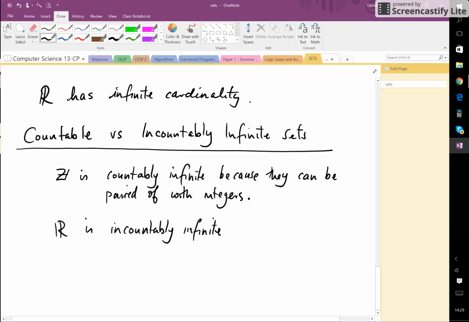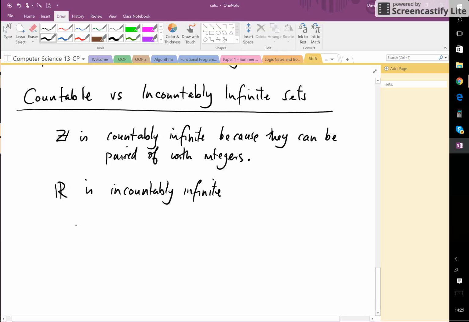Because if we try to start off with my reals equal something like this, 1, 2, and then I suddenly realise I need all the numbers between 1 and 2. So, maybe 1.5. But then I need all the numbers between 1.5 and 2, so I need 1.75. I need all the numbers between 1.7. Do you see what I mean? I go down a deep and dark hole. I never get to actually get to 2. Because I've got an uncountable number of infinite numbers between 1 and 2.